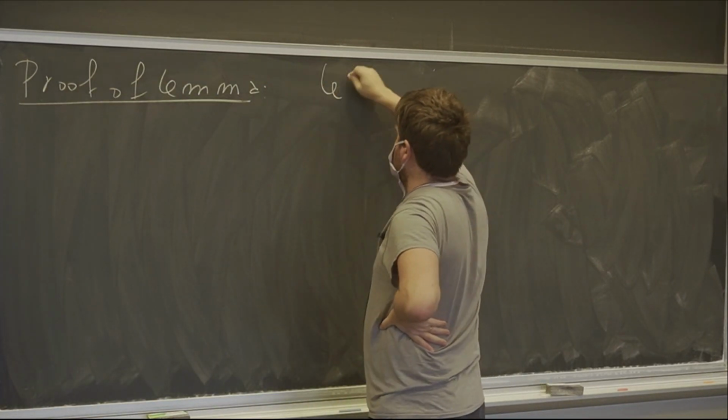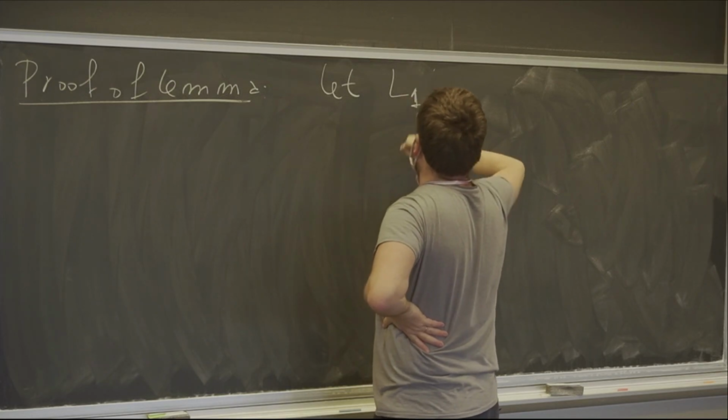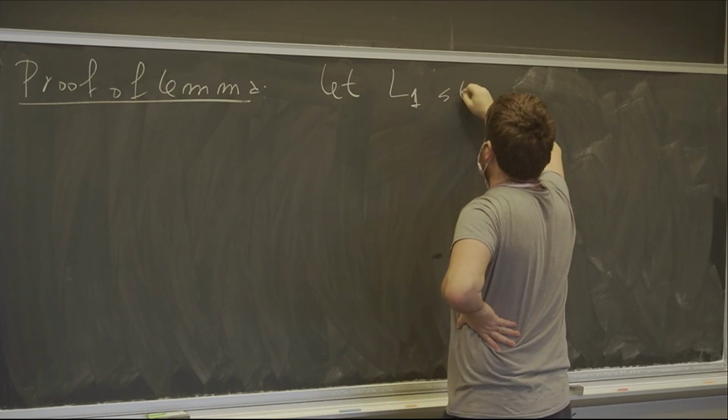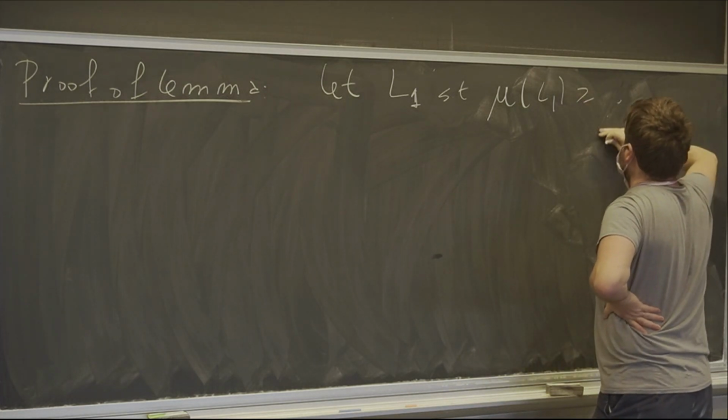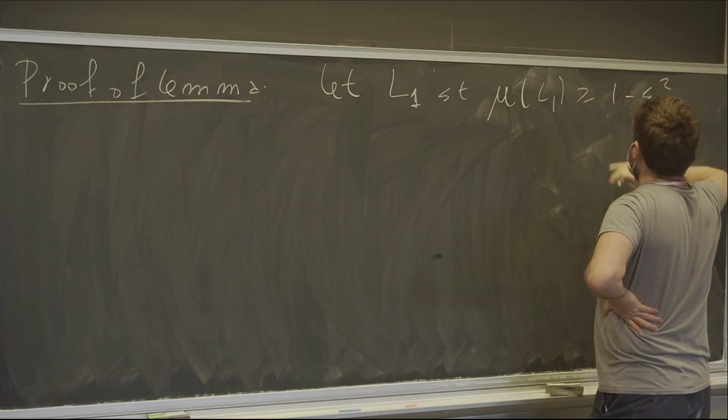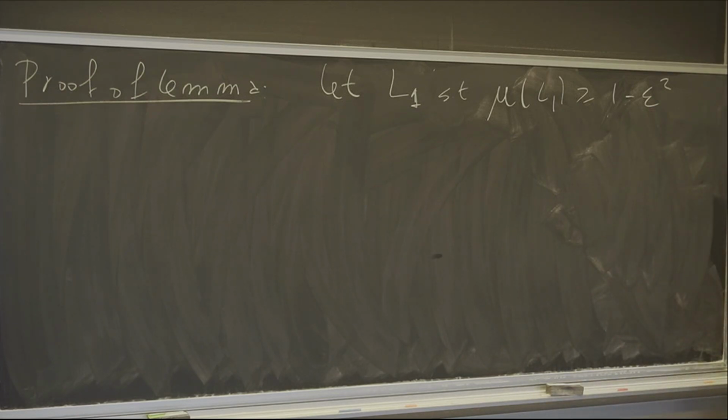So we let L1 be such that mu of L1 is larger than 1 minus epsilon square. So it's very, very large. We are giving some room there.